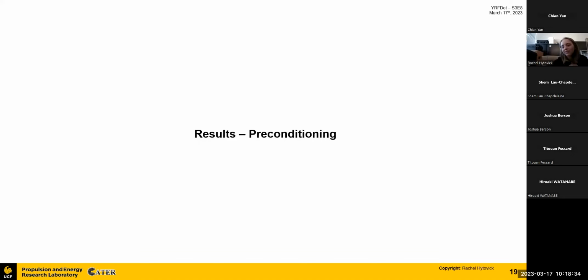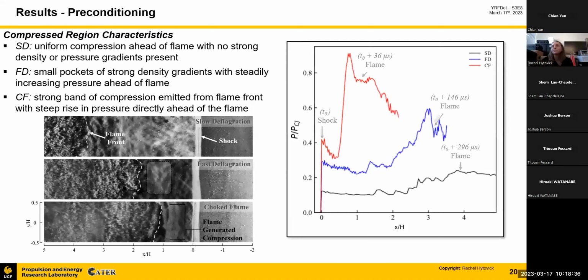That said, going into the results, this is the results from our preconditioning test. So for this, when we were talking about preconditioning, we wanted to better understand the subset of flames to get to an initiation point.